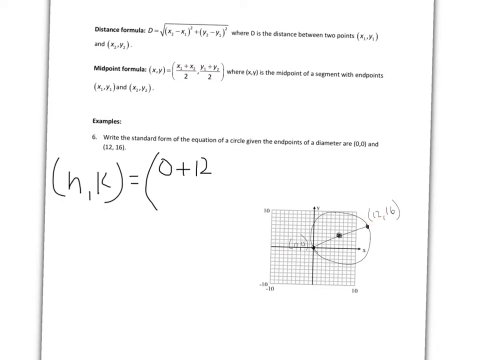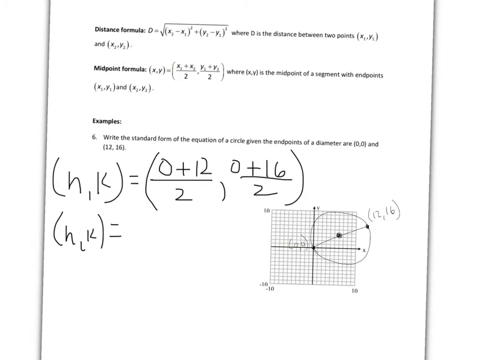If we do 0 plus 12 or 12 plus 0, it's the same thing. Divide by 2, because it's the average of the x values. It's also the average of the y values. The y values are 0 and 16. We divide by 2, and h comma k. Alright, we have 0 plus 12 divided by 2 is 6, and then 16 divided by 2 is 8. So there's our center, h comma k.